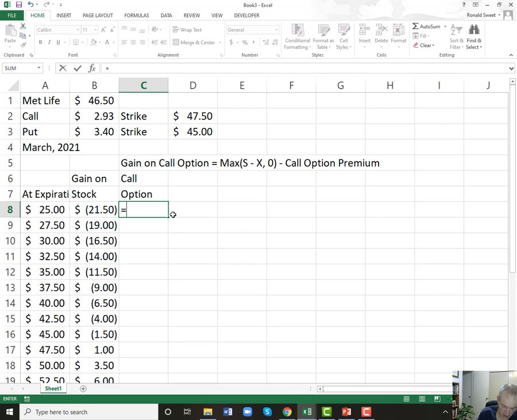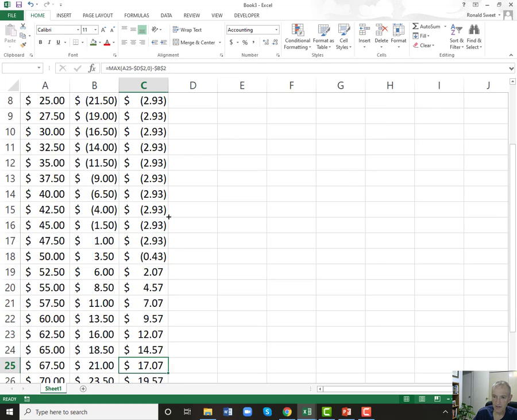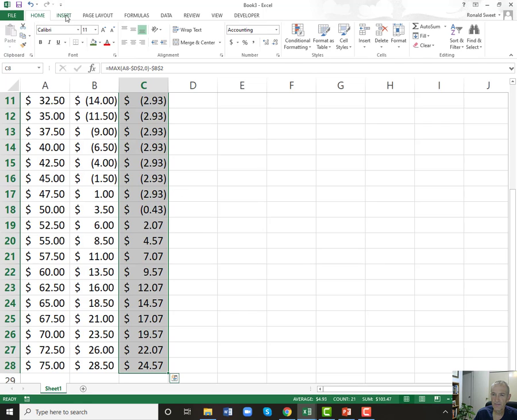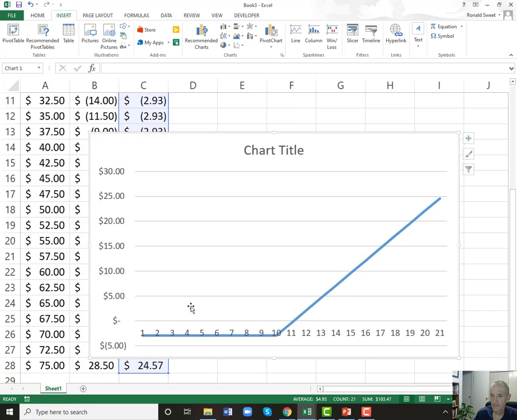So the value of this is going to be the max of the current price minus the strike and 0. So here the value is 0 because we're not going to execute this option. But it's going to cost us $2.93 to put it in there, so we do that. And here we just lose $2.93. That's the worst we can do, but over time we start making money. We talked about this earlier in class. So you essentially have that hockey stick we saw with the equity-linked annuity.